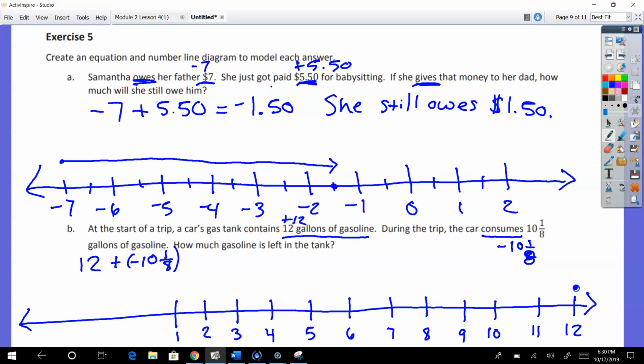So we're starting at 12 and then we're going to the left. 1, 2, 3, 4, 5, 6, 7, 8, 9, 10, and an eighth. So just barely passed. So if we split this into eighths, we would just be going back 1/8, which would put us here at 7/8. So equals 1 and 7/8.